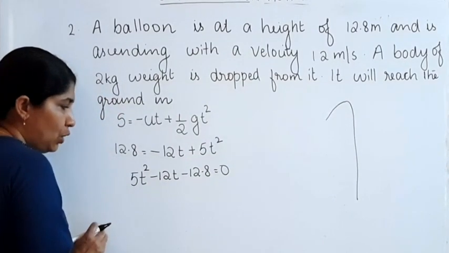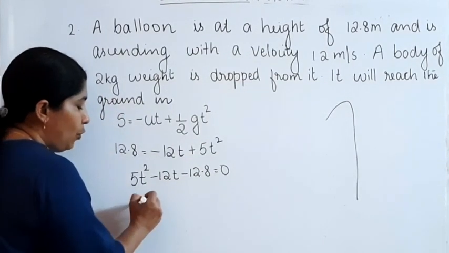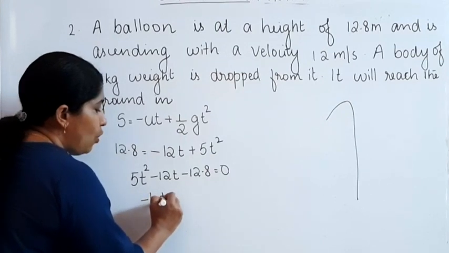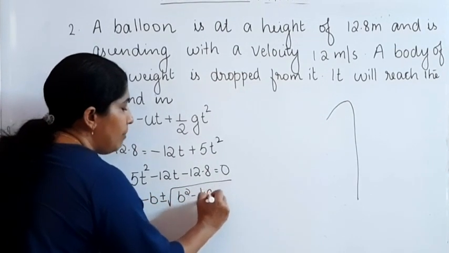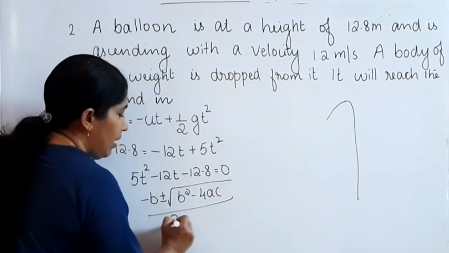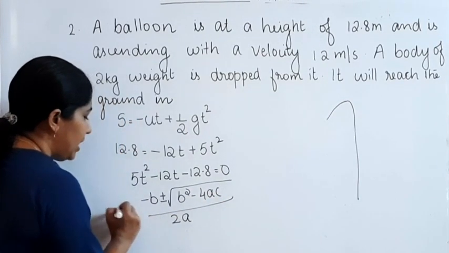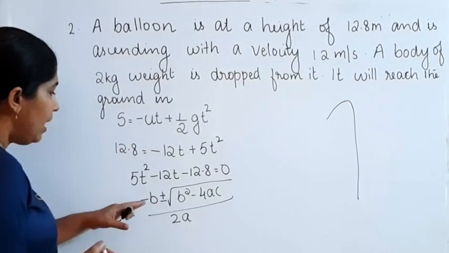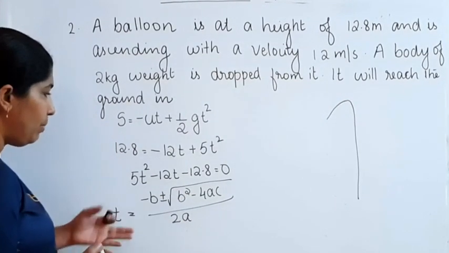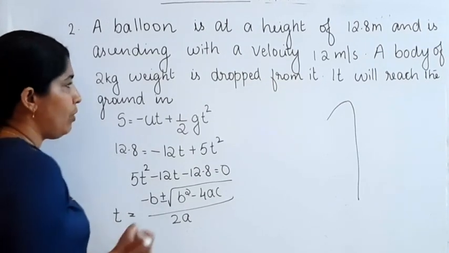This is a second degree equation. Then by using the formula minus b plus or minus root of b square minus 4ac divided by 2a, we can find out the time taken by the body to reach the ground. Okay. Now we can substitute the value of b, a and c in this equation.